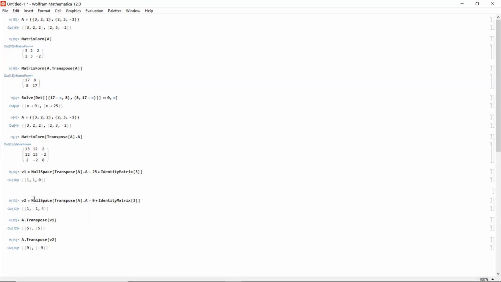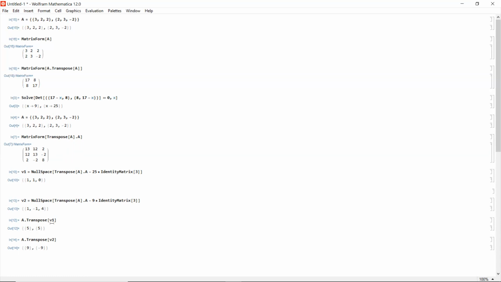And now how I get u1 and u2, I just map v1 by A. Here I had to use the transpose of v1 because Mathematica returns row vectors instead of column vectors. So when we calculate the null space, Mathematica returns row vectors.